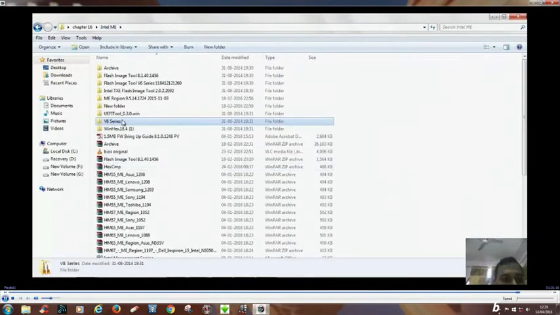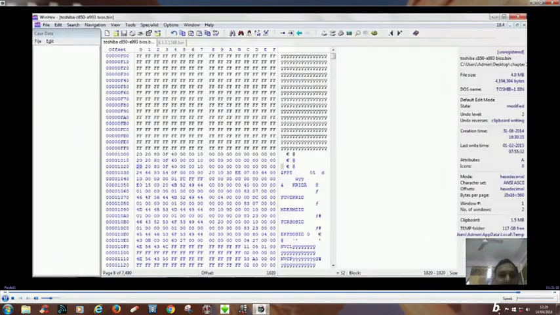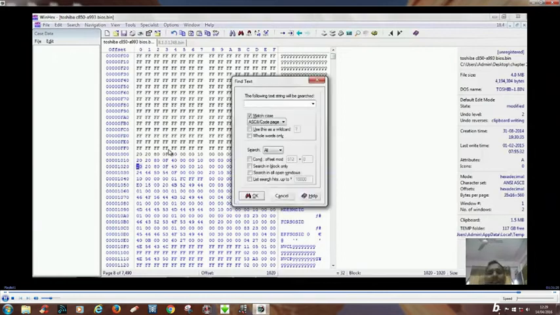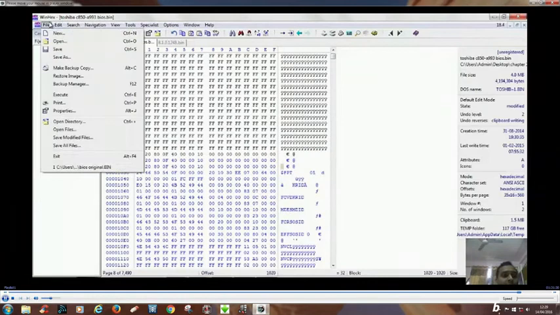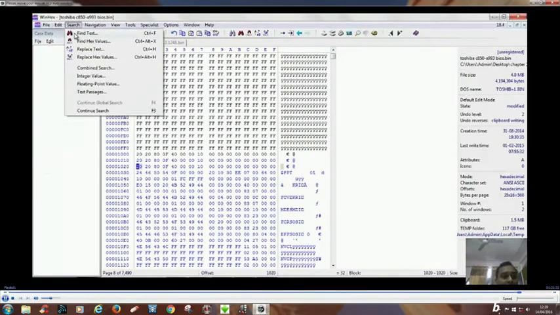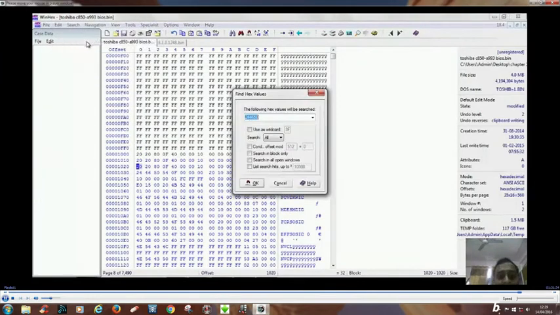So now what I will do is use WinHex to open the corrupt BIOS file. So I open it, Toshiba C850. Now I will locate the AMI region, and how to locate? Locating is very easy. Just go into search, find hex values. Always remember, in any BIOS file, your AMI region would start from 244650.